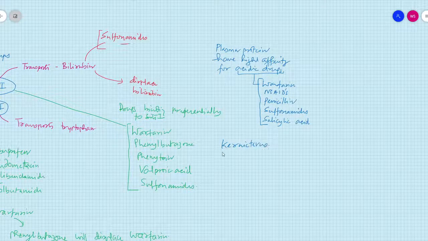So salicylic acid can displace bilirubin. Sulfonamides can displace endogenous bilirubin, and therefore they can cause kernicterus. Those could be examples of drugs which can cause kernicterus. That's something to keep in our mind before we continue our discussion.